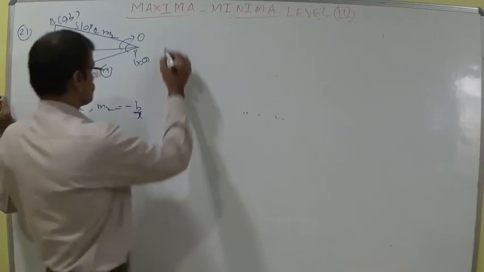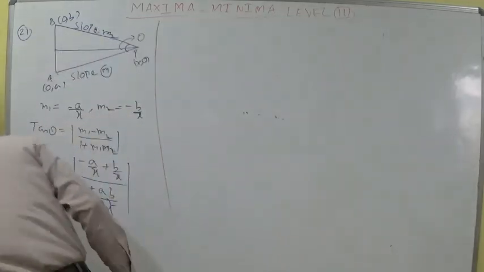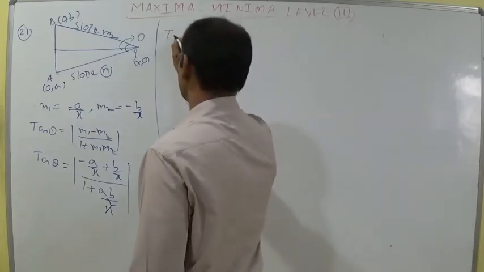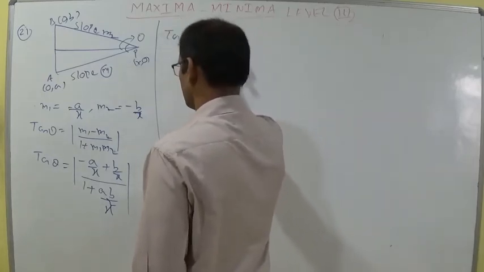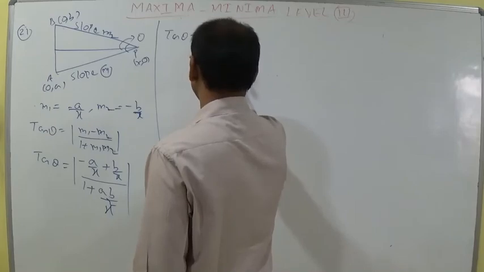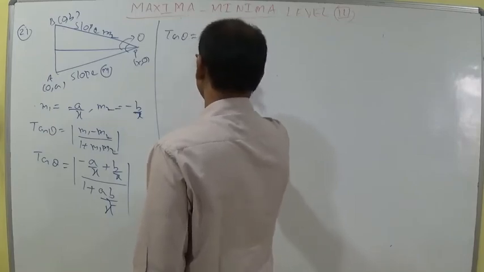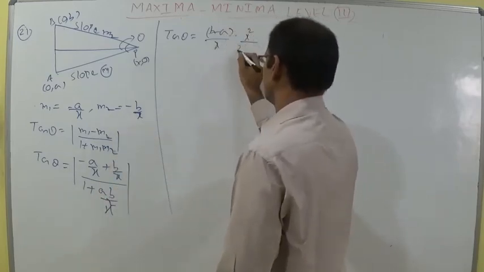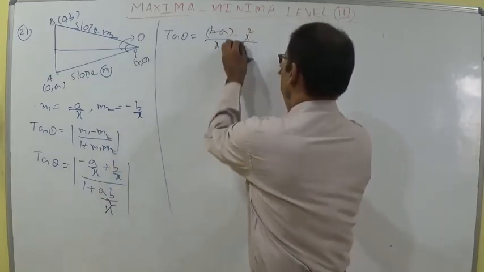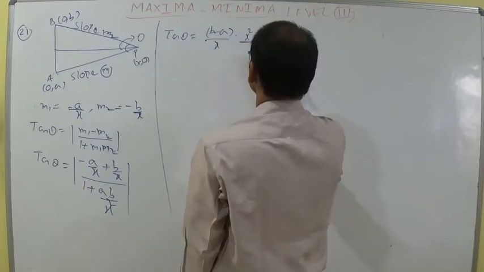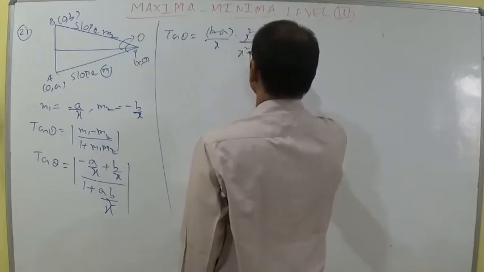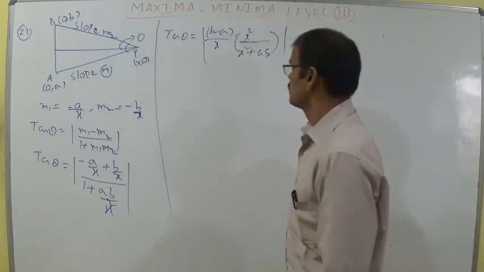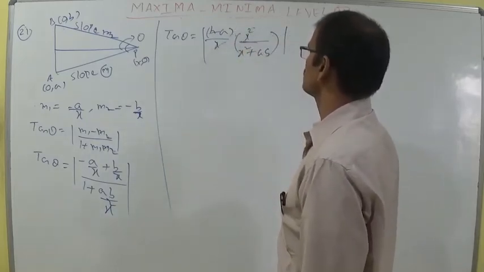Next step, take LCM x. Tan theta is equal to (b minus a) by x, into x square by (x square plus ab), within modulus. x and x will get cancelled here.